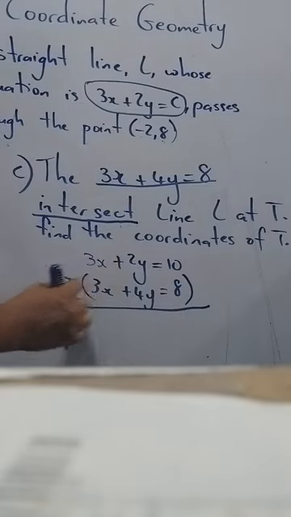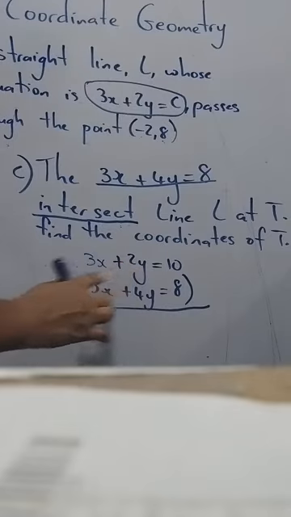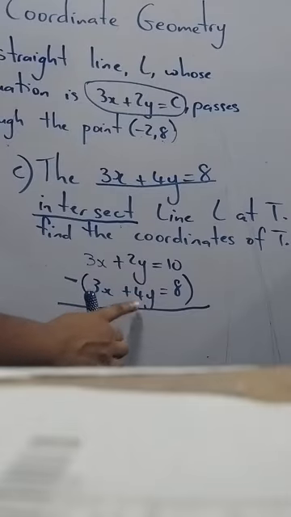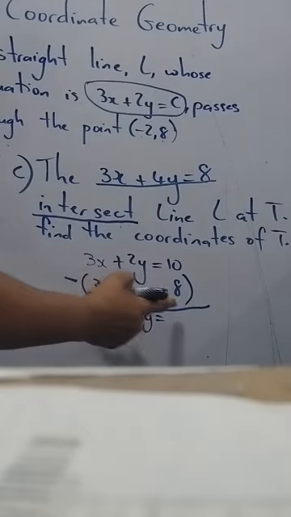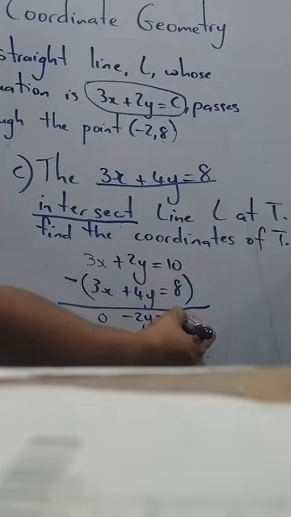So it's 3x minus 3x, that's 0. That eliminates my first term. 2y minus 4y, because 4y is bigger than 2y, that's going to give me negative 2y. 10 minus 8, and I'm subtracting my constants now, that gives me 2.